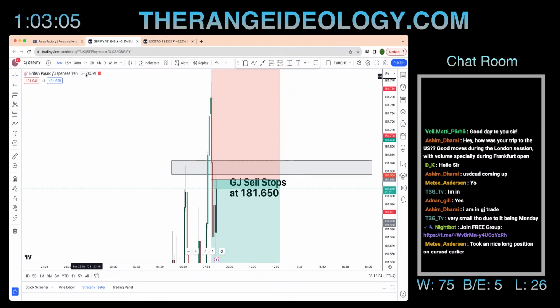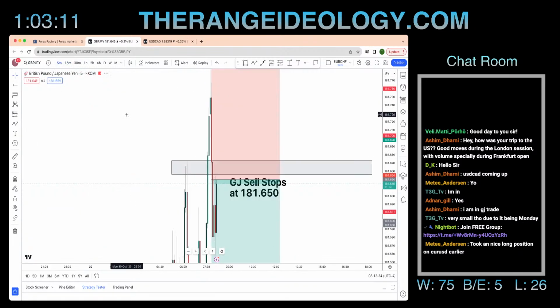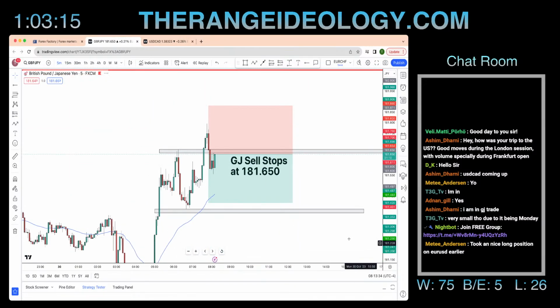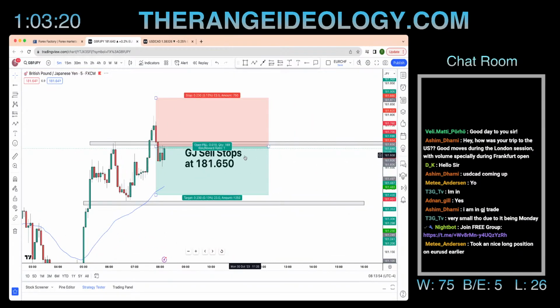Again, GJ comes right back up to the entry point, which is also where the 1-hour EMA is, right around there. So right at the break-even point, GJ is kind of just wicking and continues to reject. But again, this 15-minute candle is about to close.